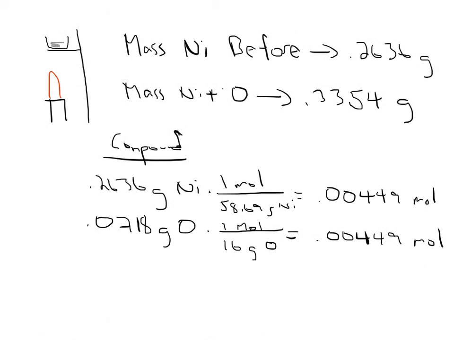So since they're the same number, if I divide both of these by 0.00449, I get the number 1. And that will be, in the empirical formula, the ratio of nickel to oxygen. So the empirical formula is NiO.